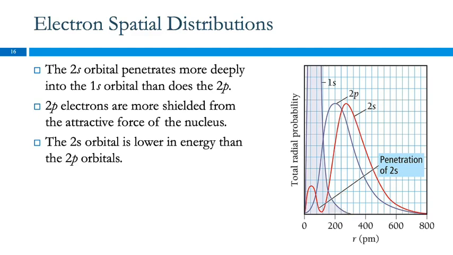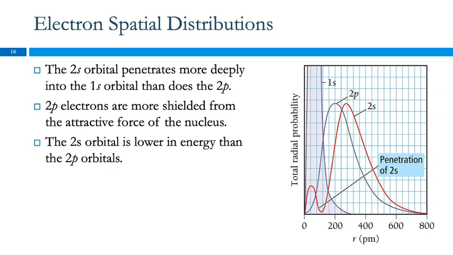But again, the electron is not a particle orbiting like a planet orbiting the sun. It's easier to think of it that way, but it isn't. It's a standing wave, a three-dimensional standing wave around the nucleus. And in that standing wave, there's a little bit of it here, and most of it's out here.